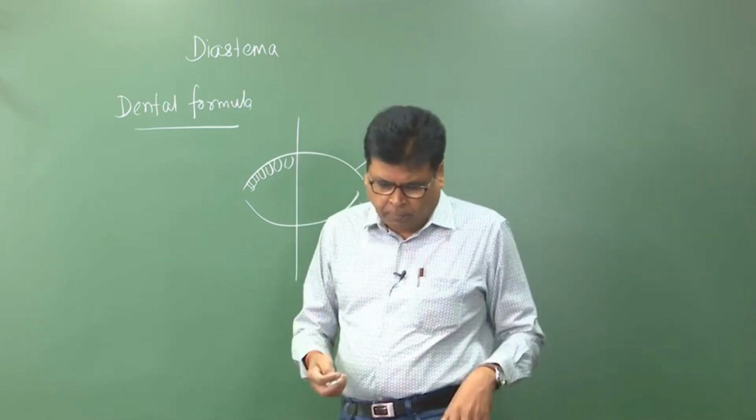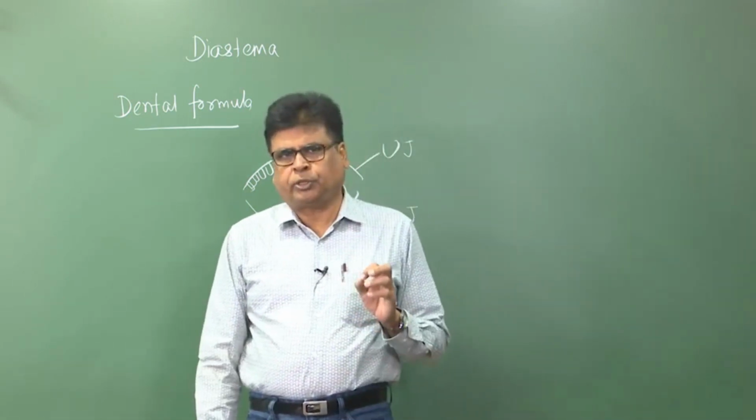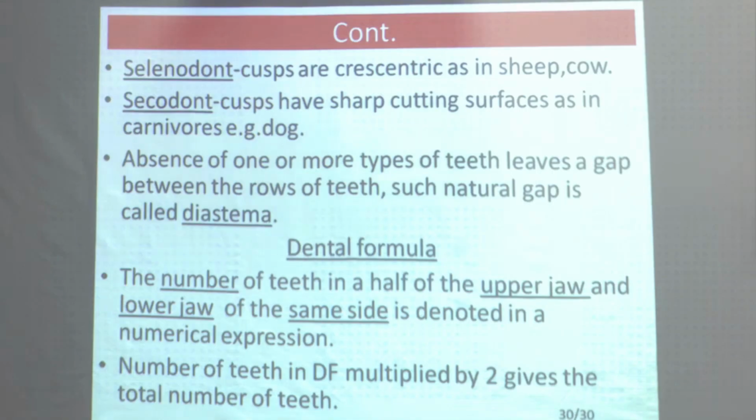So what is the definition? The number of teeth in half of the upper jaw and lower jaw of the same side, denoted in a numerical expression, is known as dental formula. The total number of teeth in the dental formula multiplied by 2 gives the total number of teeth.